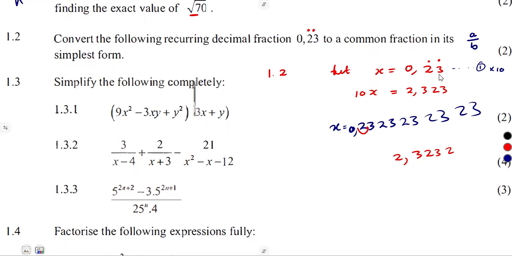It's supposed to be 2, 3, 2, 3. Take note. So our equation 2 is not useful.